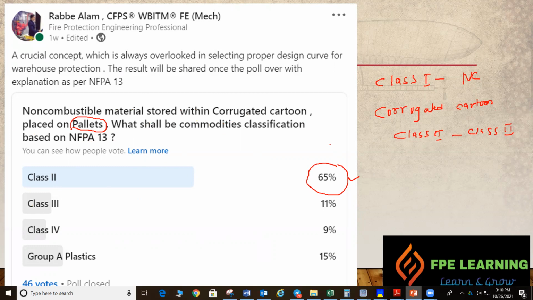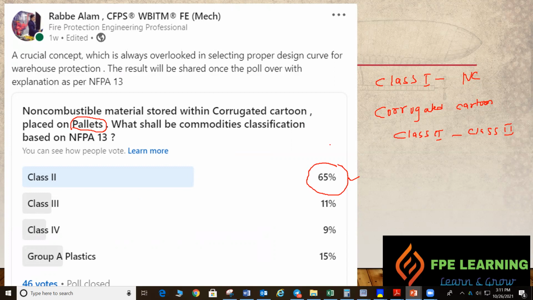There is no information whether you are going to use plastic pallets or wooden pallets. So one of the best engineering practices, which NFPA 13 also emphasizes, is that if you don't know the exact pallet type, you have to use the one which lasts for a long time in case of fire or which has a high heat release rate.